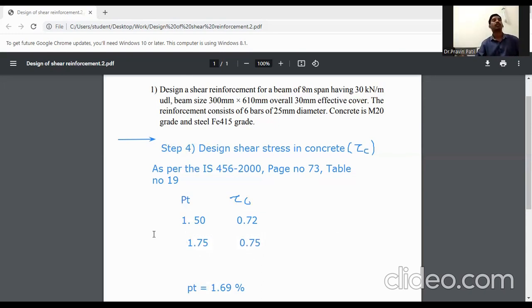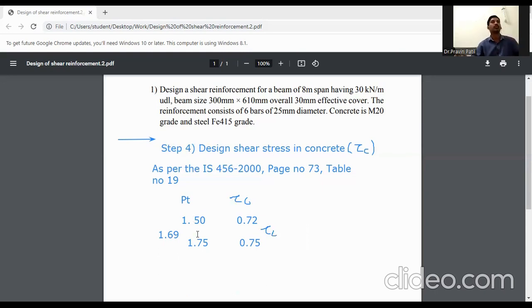The actual PT value is 1.69, so this value lies between 1.50 and 1.75. That's why we have taken these percentages. We need to find out the tau c for 1.69%, so by interpolation method we need to calculate this.